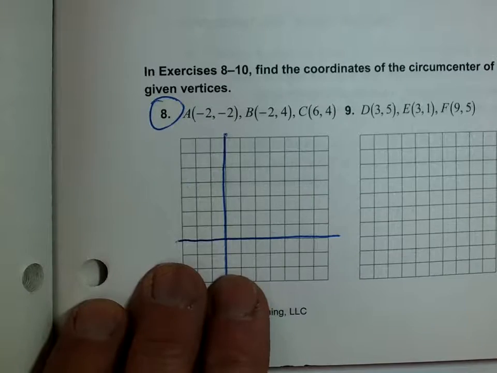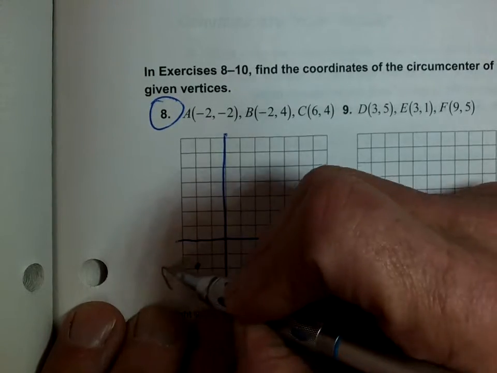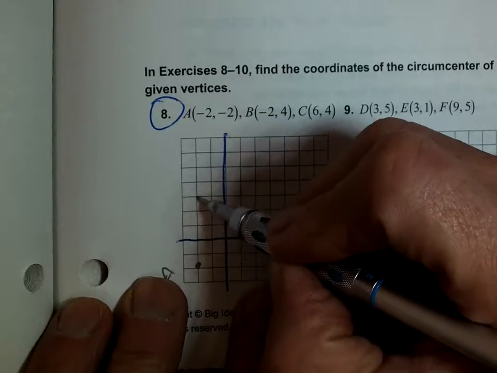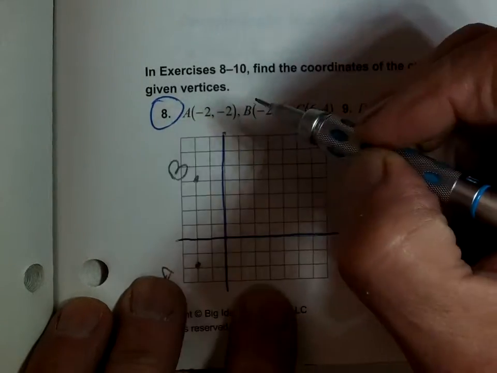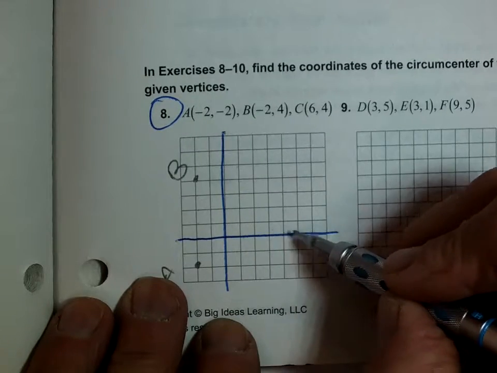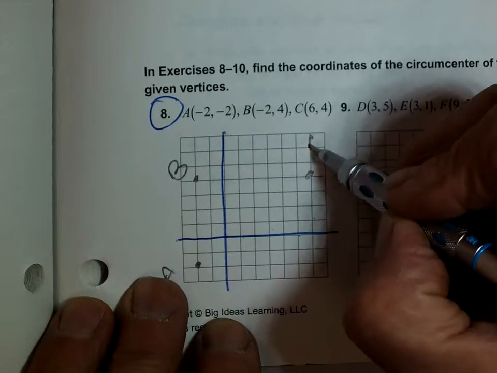I'm going to go negative 2, negative 2. There's point A. Negative 2, 1, 2, 3, 4. There's B. 1, 2, 3, 4, 5, 6. 1, 2, 3, 4. There's C.